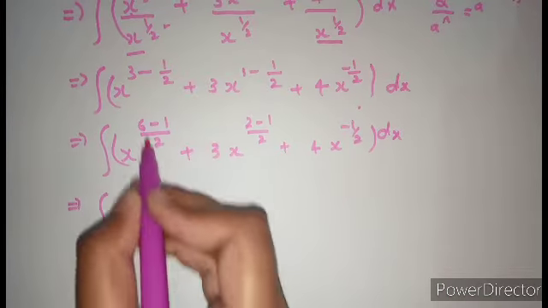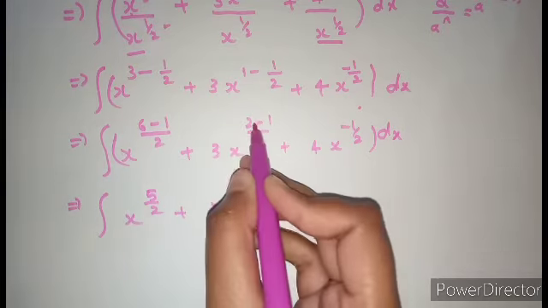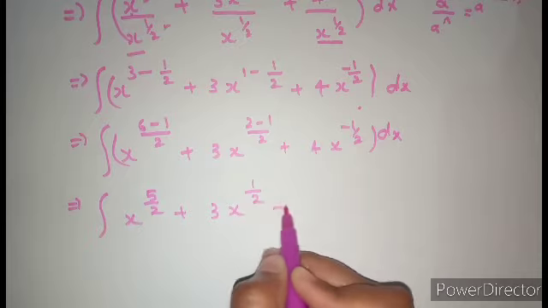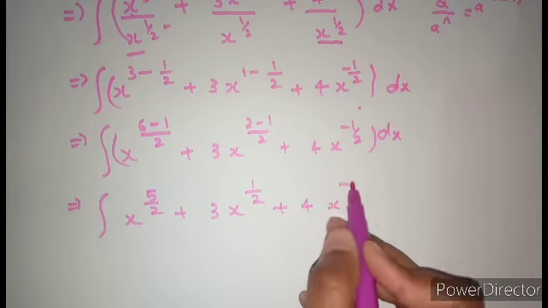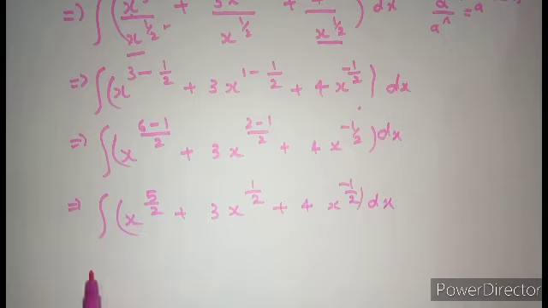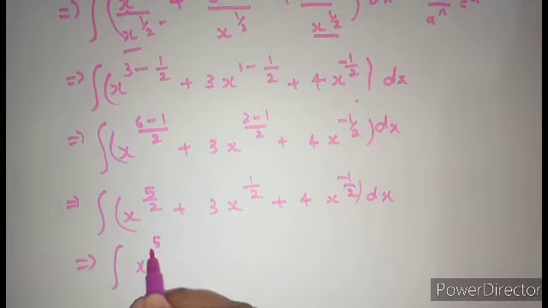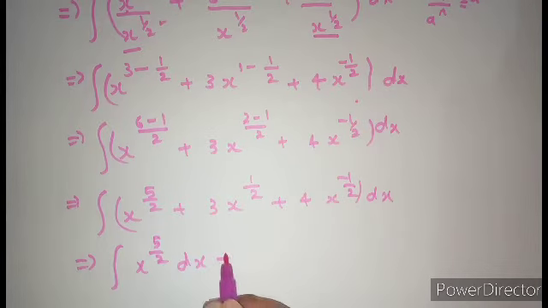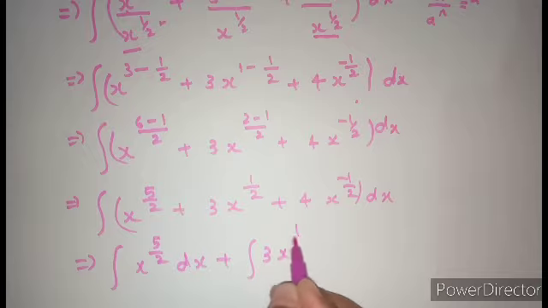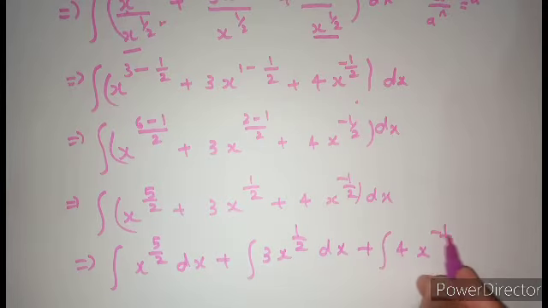Integral, 6 minus 1 is 5, 5 by 2 plus 3, 2 minus 1 is 1 divided by 2, plus 4 x to the power of minus 1 by 2 dx. Now split this integral. Integral x to the power of 5 by 2 dx plus integral 3 x to the power of 1 by 2 dx plus integral 4 x to the power of minus 1 by 2 dx.